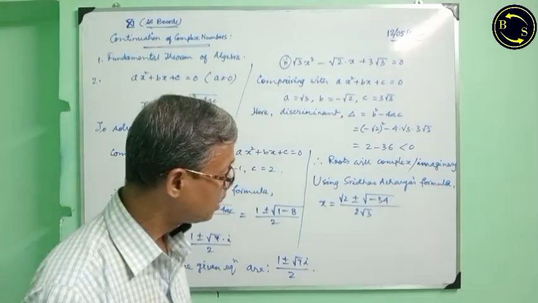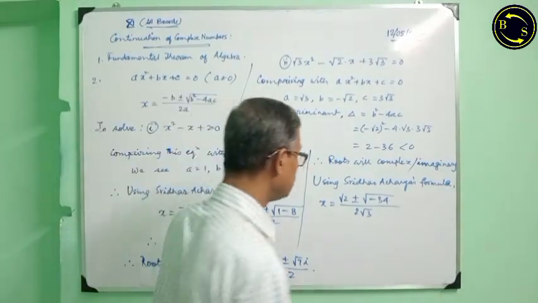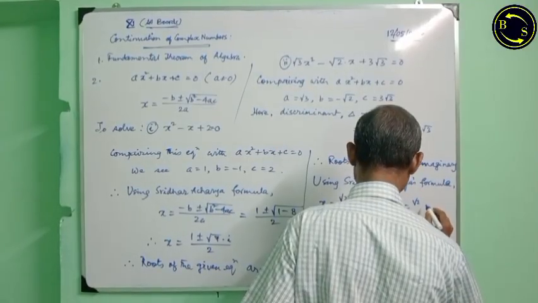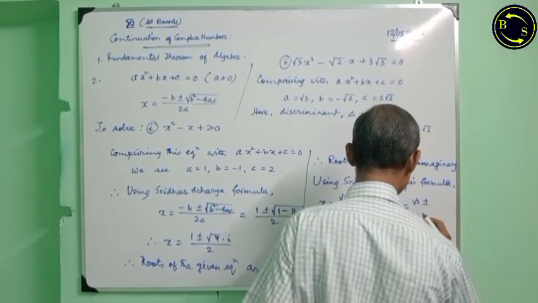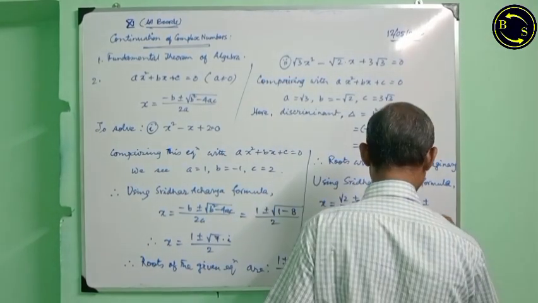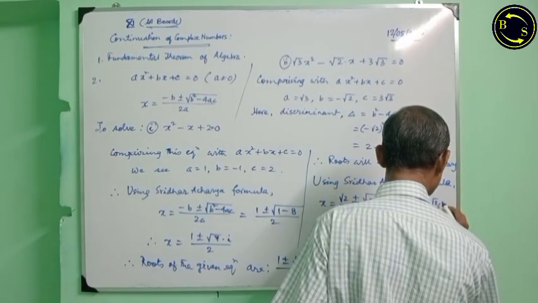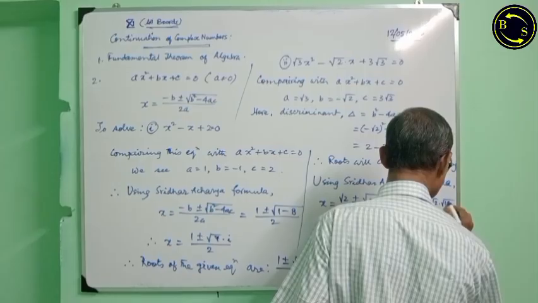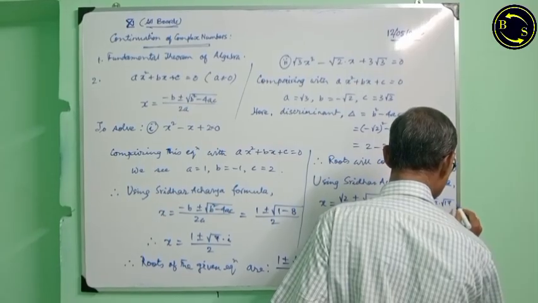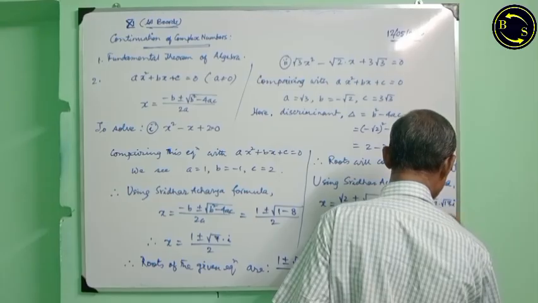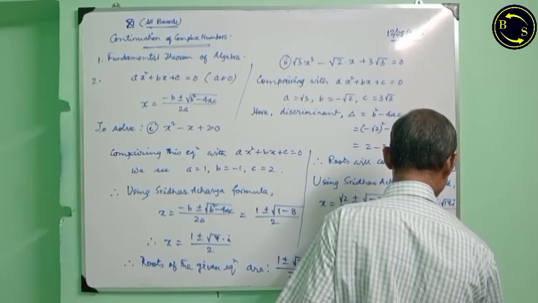Now, if we use the symbol iota, it will be root 2 plus minus root 2 root 17 into i divided by 2 root 3.